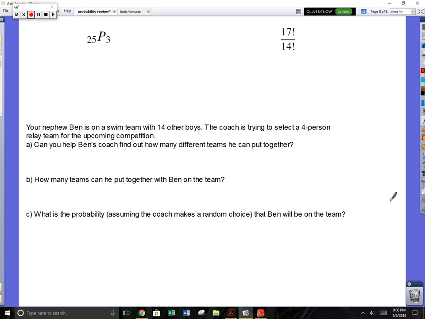Your nephew Ben is on a swim team with 14 other boys. So this is good because you have to use a little logic. There are 15 boys. The coach is trying to select a 4-person team for the upcoming event. So this team of kid A, B, C, D is the exact same team as A, C, B, D. They're the same boys.